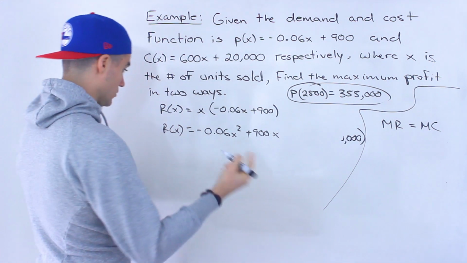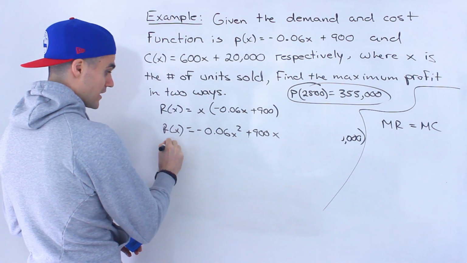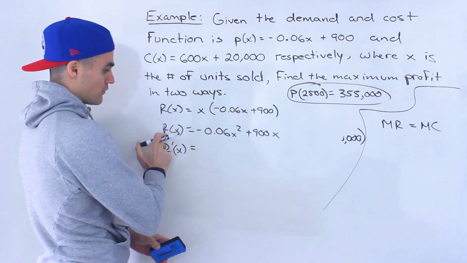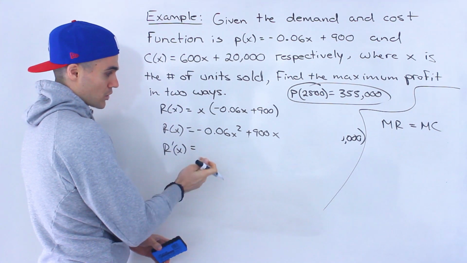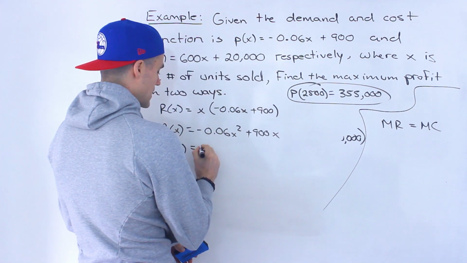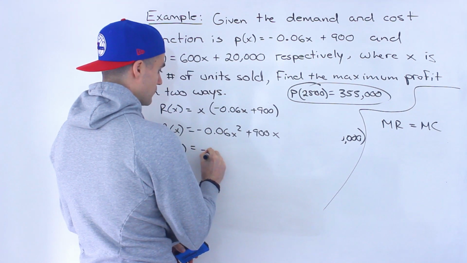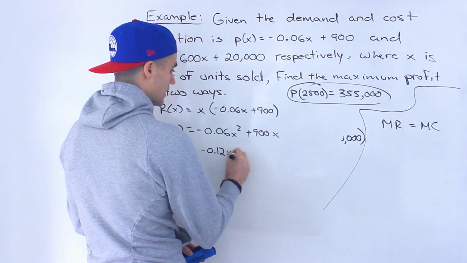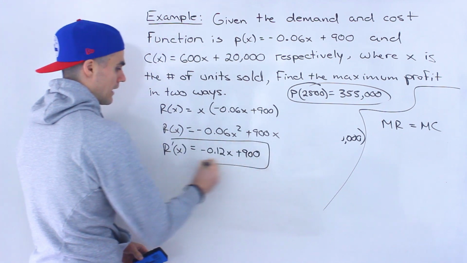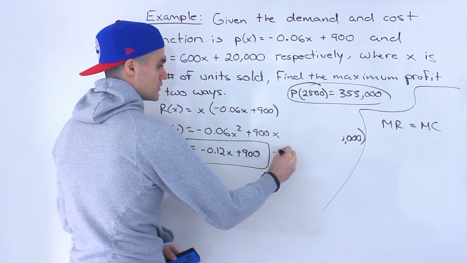So the marginal revenue, or the derivative of the revenue function, both of those are the same thing. The first derivative of the revenue function is the same thing as marginal revenue. This here would end up being negative 0.12x plus 900. That there is the marginal revenue.